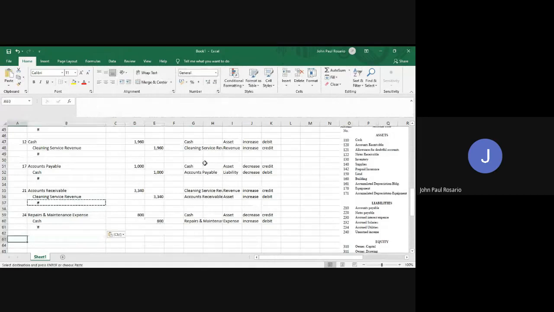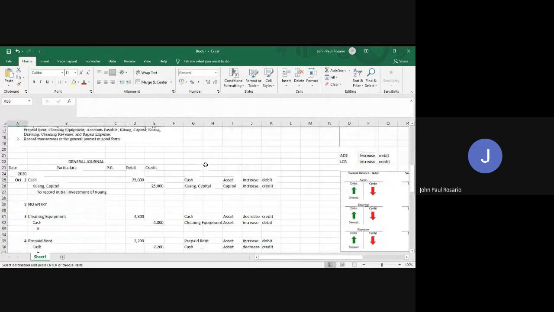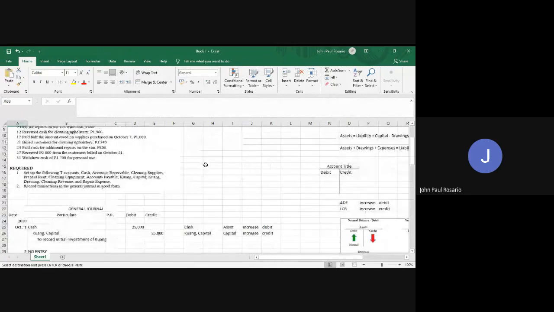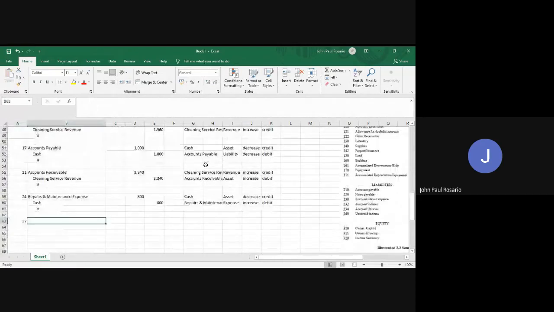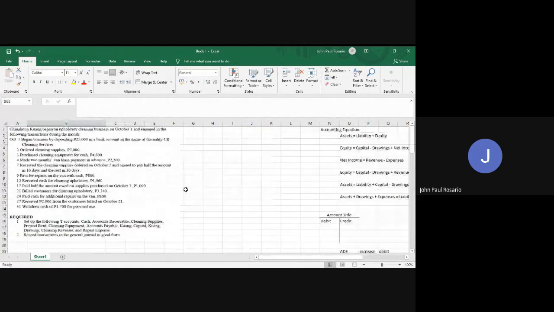So, 27 received 2,000 from the customers billed on October 21. So, 27, received 2,000 from customers, billed on 21. So, kaning mga nangutang nimo may bayad ang 2,000. So meaning, nibayad ang 2,000, nakadawat na kag cash.